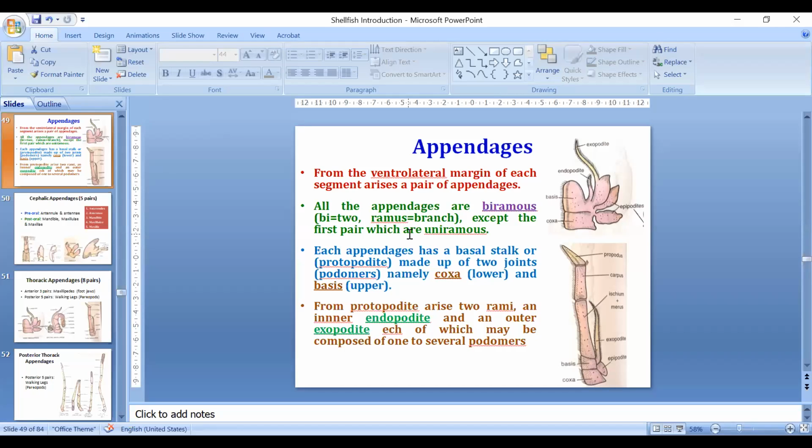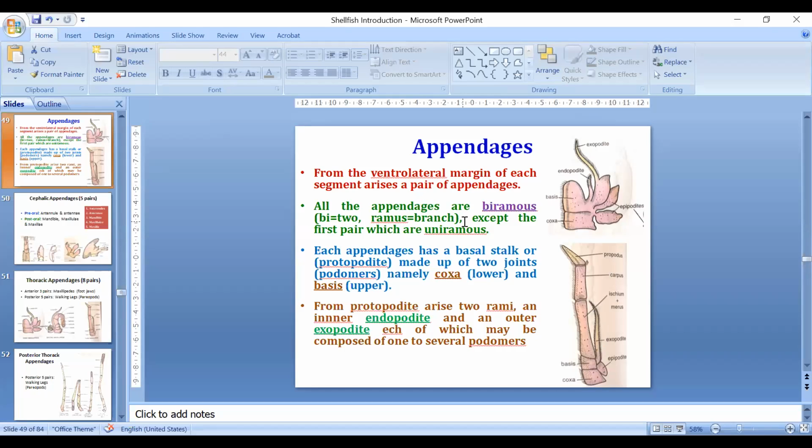Okay, so all the appendages, whether cephalic or thoracic or abdominal, are biramus, meaning branched appendages, they have two branches. Here you can see that this is one branch, this is another branch. But there is one exception.